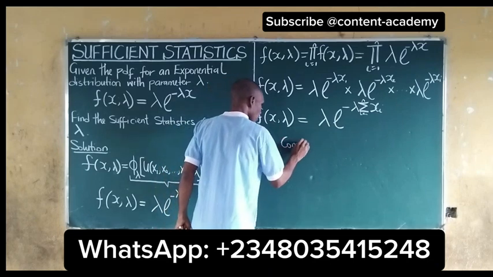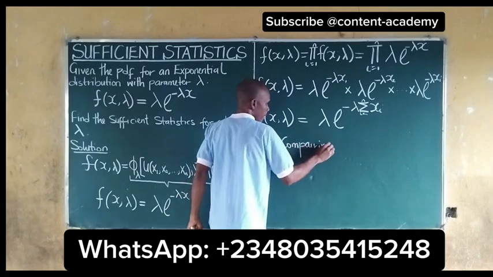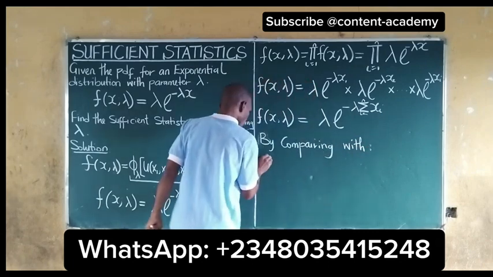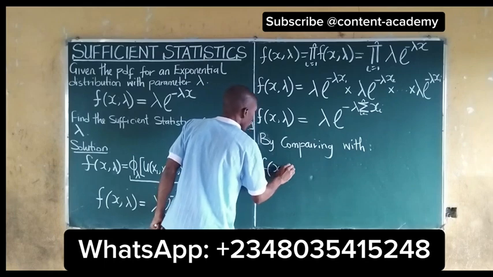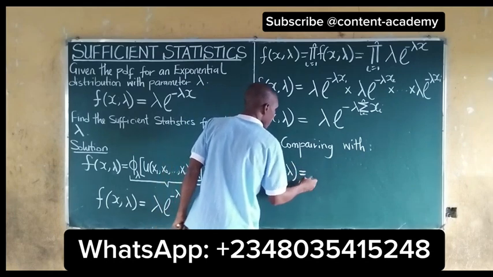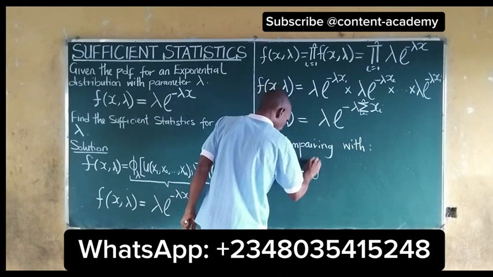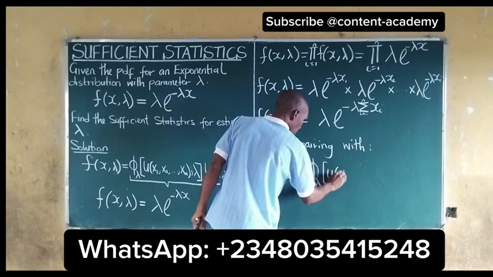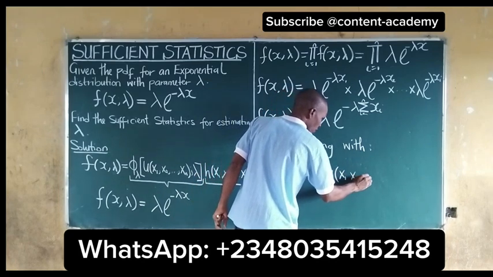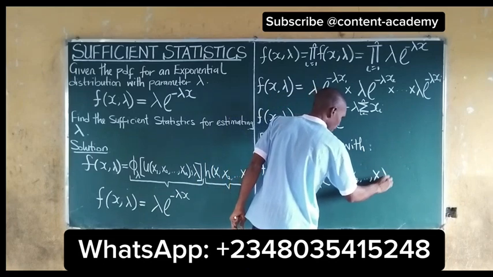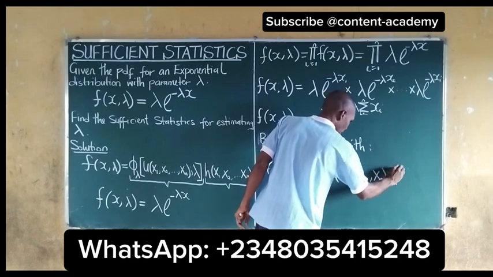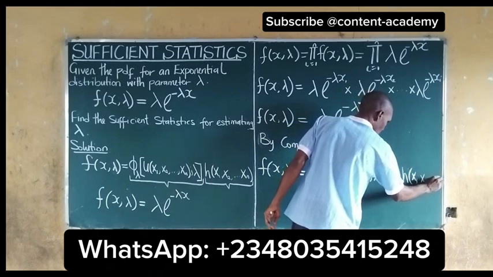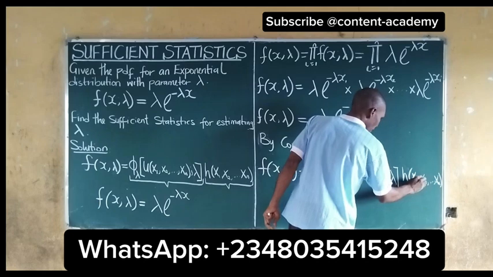By comparing with this, which is lambda into u of x1, x2 to xn, which depends on lambda as well, and h of x1, x2 to xn.